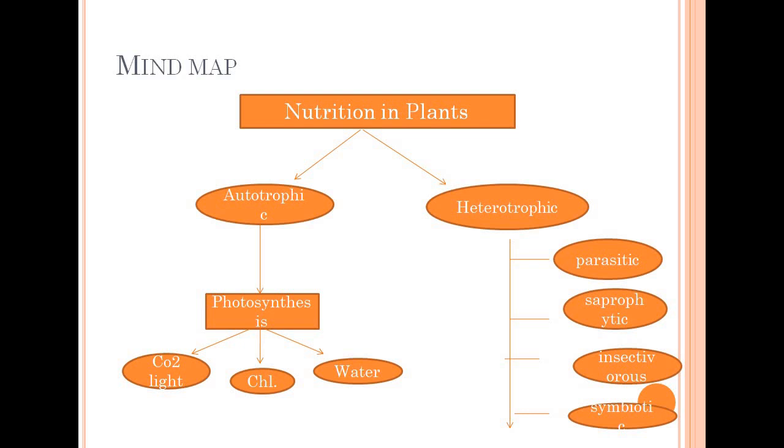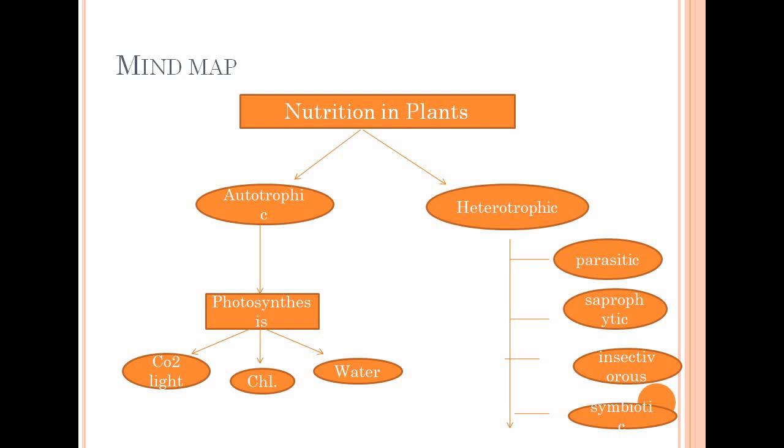In the autotrophic mode, photosynthesis takes place. It is one of the processes through which autotrophic plants make their own food. The conditions necessary for photosynthesis are carbon dioxide, light, chlorophyll, and water.